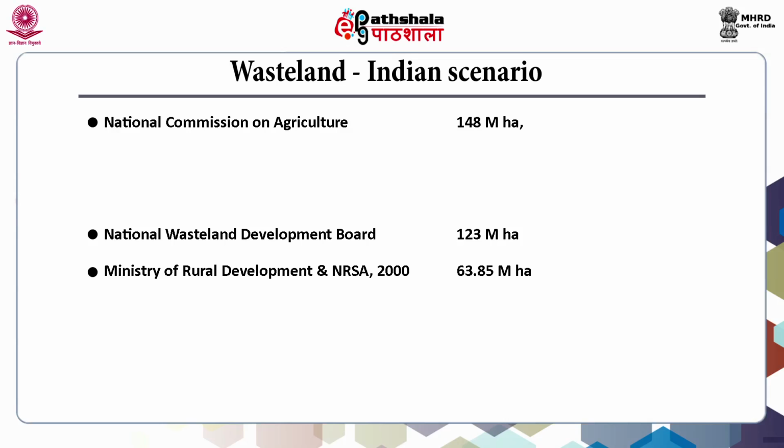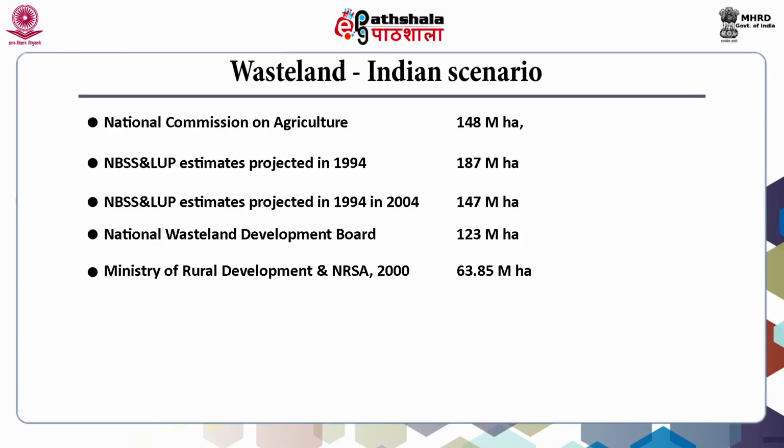National Commission for Agriculture estimate is 148 million hectares. NBSS LUP estimates projected in 1994, 187 million hectares. Estimates in 2004 it is 147 million hectares.